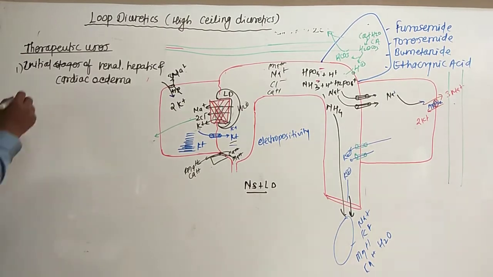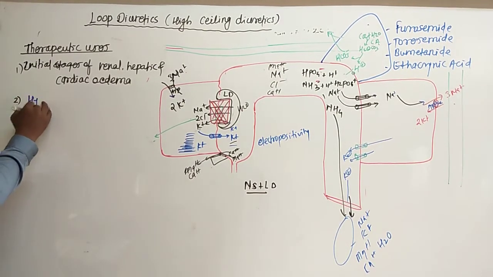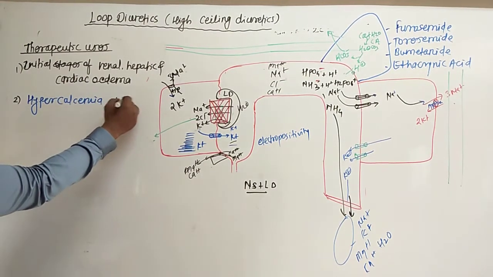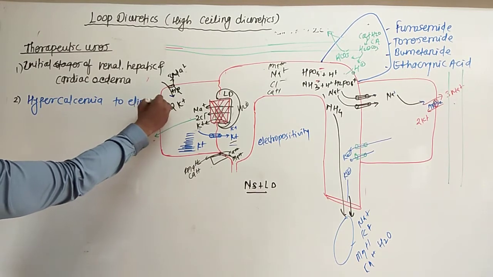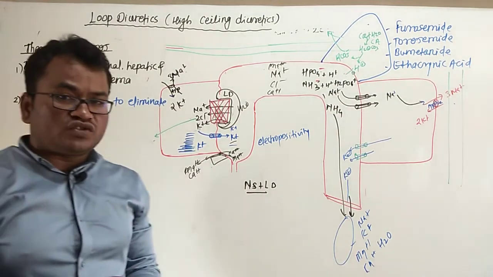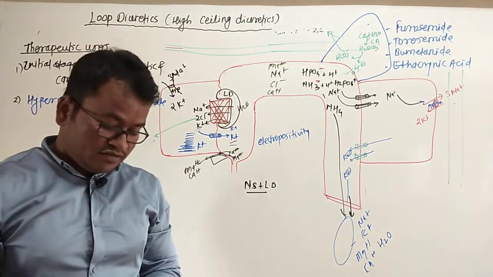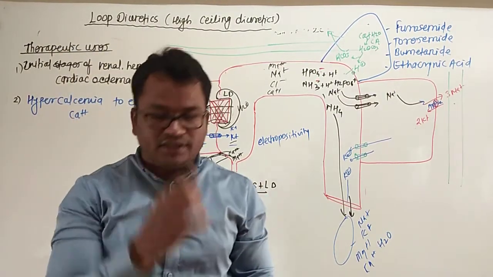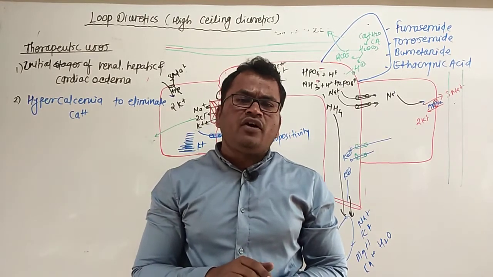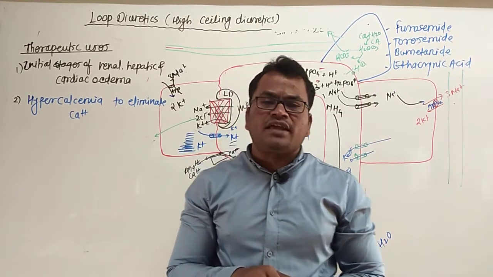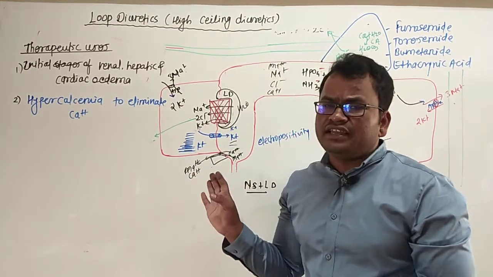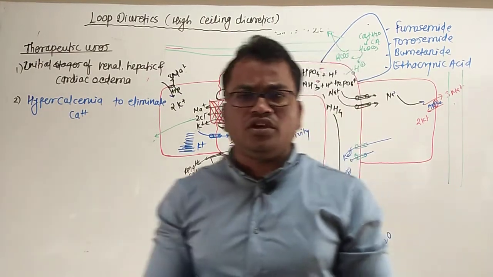So, hypercalcemia: to excrete calcium outside the body, we use the loop diuretics. But if any patient uses the loop diuretics for a longer time, the excess calcium is excreted into the urine.